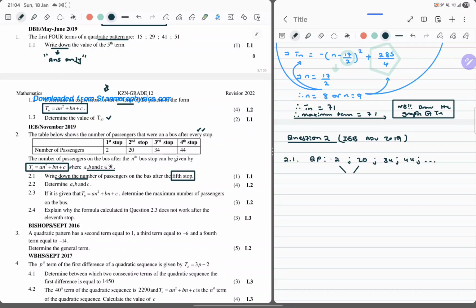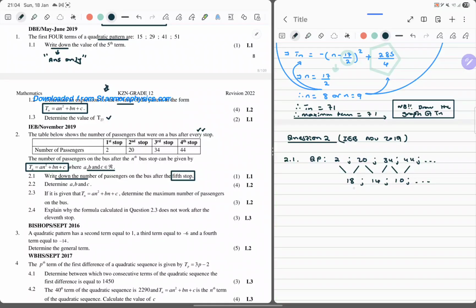So fine, check. 20 minus 2 is 18. 34 minus 20 is 14. 44 minus 34 is 10, right? So this forms a sequence.